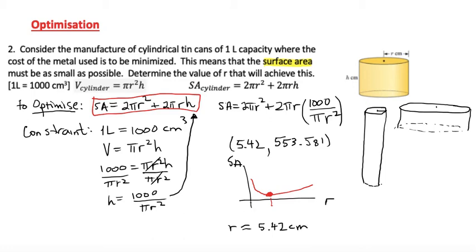Optimization is very important because maybe there's a manufacturer that's restricted by the fact that a certain drink must have 1 liter capacity. But if a manufacturer is producing thousands and thousands of a certain container, then any change in the surface area, the smaller it is, the less the materials will cost him.